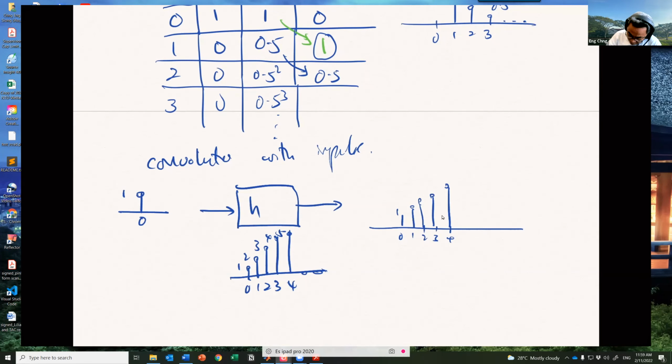Agree? Now, at time k, I send another impulse. What will I get? What should I get, guys? Benedict again? So it's continuing to increase when you send the second impulse at time k.